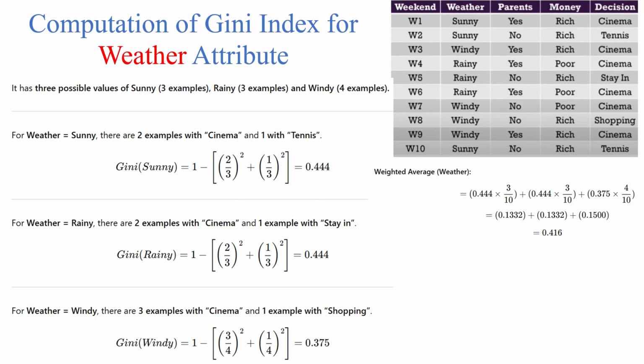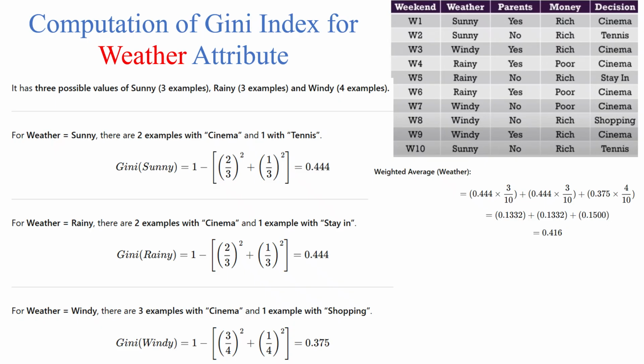Now we are going to calculate first for weather equal to sunny. Sunny has 3 samples. In those 3 samples, 2 are for cinema and 1 represents tennis. So the Gini for sunny is 1 minus 2 by 3 plus 1 by 3, each the whole square. After calculating, we got the value 0.444.